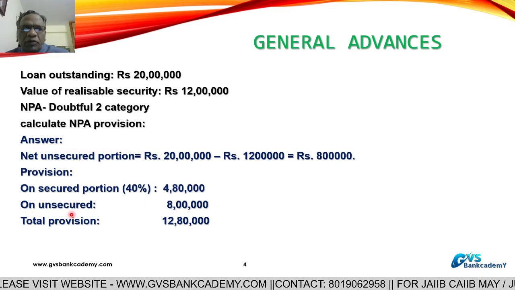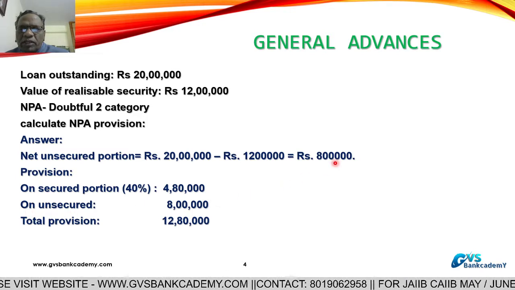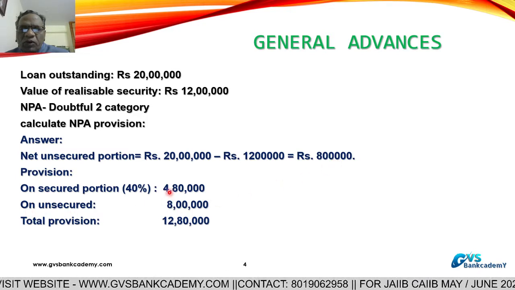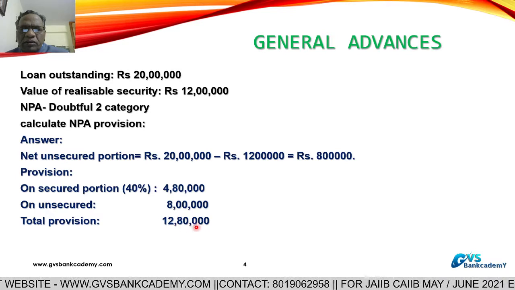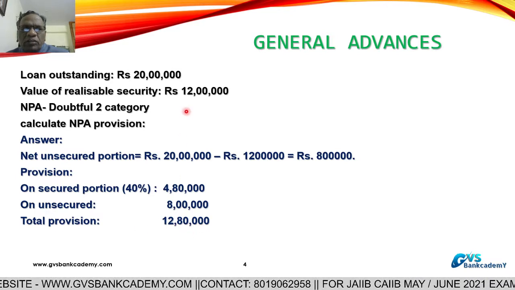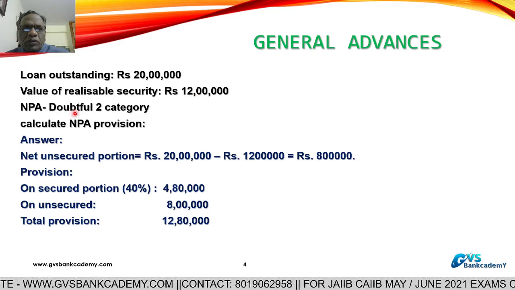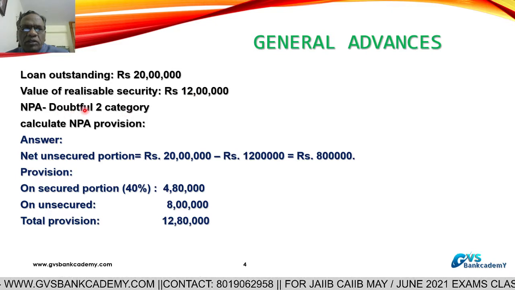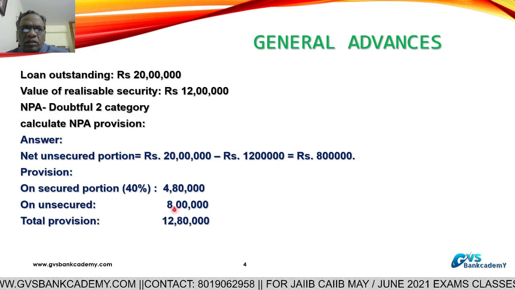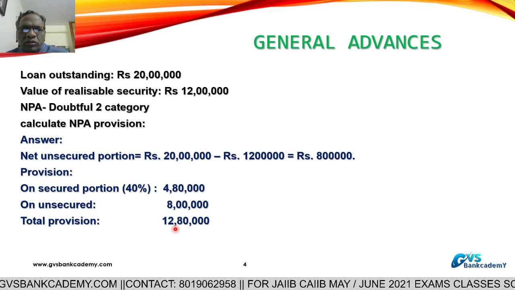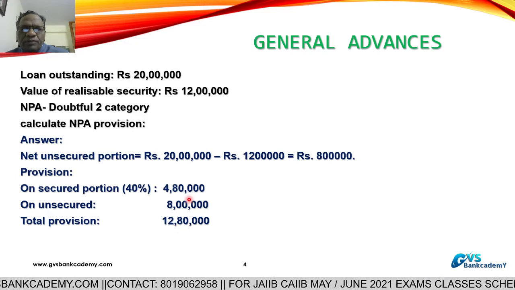On the unsecured portion 100%, 8 lakhs. 8 lakhs plus 4 lakh 80,000, 12 lakh 80,000. The total provision in this account in the doubtful 2 category is 12 lakh 80,000.